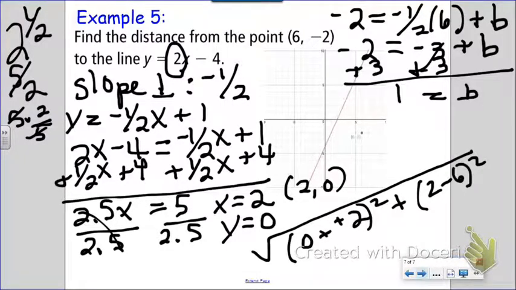I have 2 squared is 4, plus -4 squared is 16, which equals the square root of 20, or approximately 4.5.